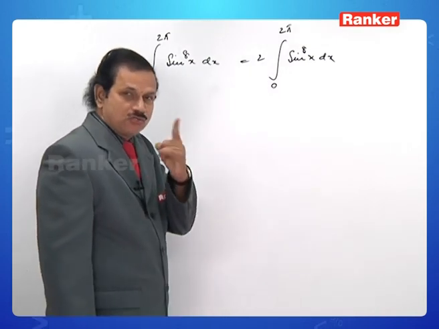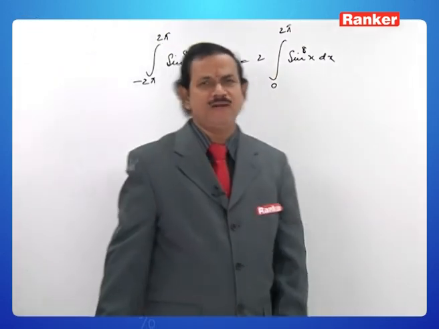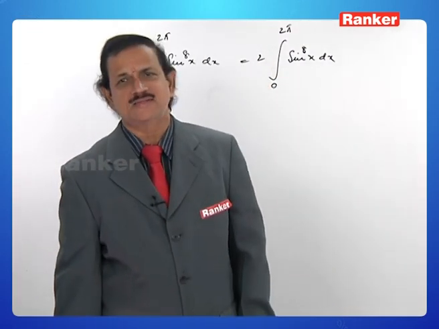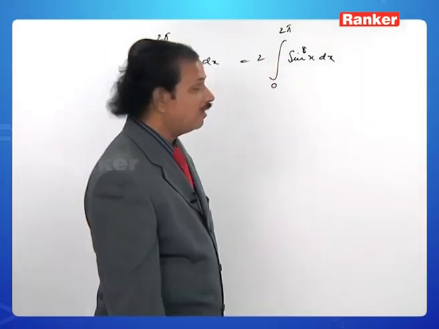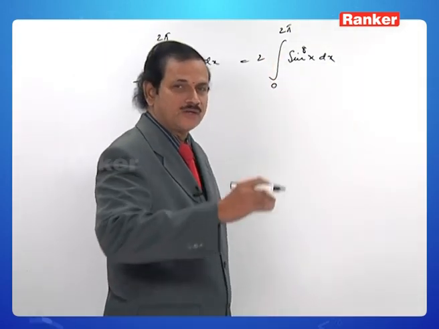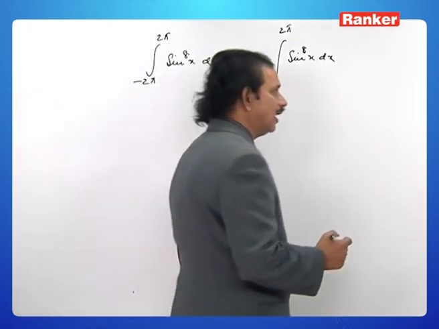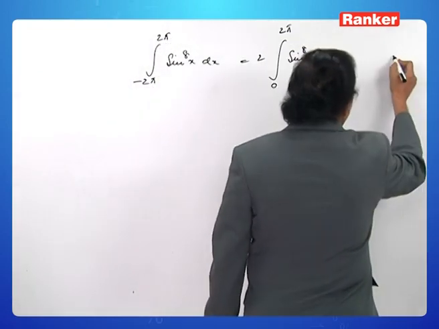If you want to use Wallis formula, it must be 0 to pi by 2. It's not the case. It is from 0 to 2 pi. Well, now at this juncture, we recall another standard formula. I'd like to quote it on the board.